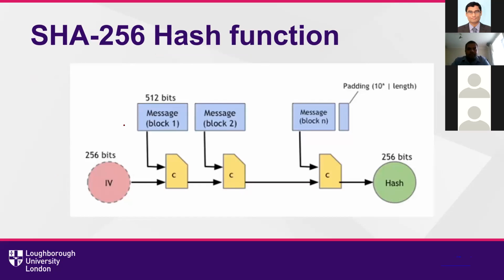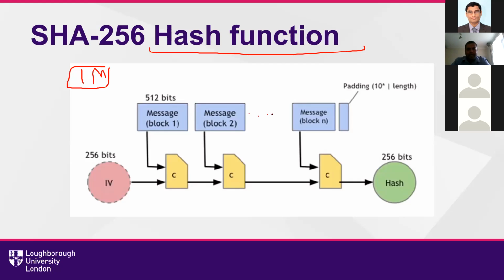There are a number of blocks in the mathematical function. Your input message could be anything, 500 bits or 1 million bits. This hash function, especially SHA-256, breaks the input data into 512-bit blocks.